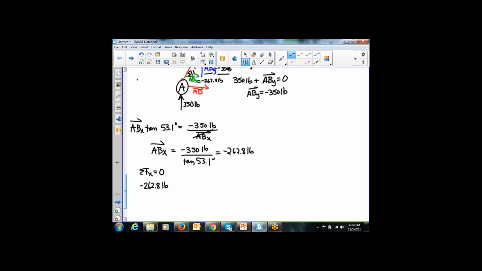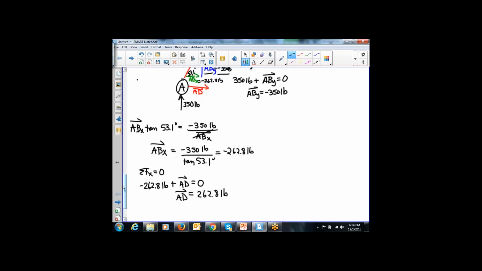We've got to carry that negative around because that's what kept the go right with it. Plus, we have a go right, which is positive, vector AD. Those are the only left right. So we know that AD, when I isolate that, is going to be 262.8 pounds. Ah, that guy is drawn the correct way. So AD must be in tension.